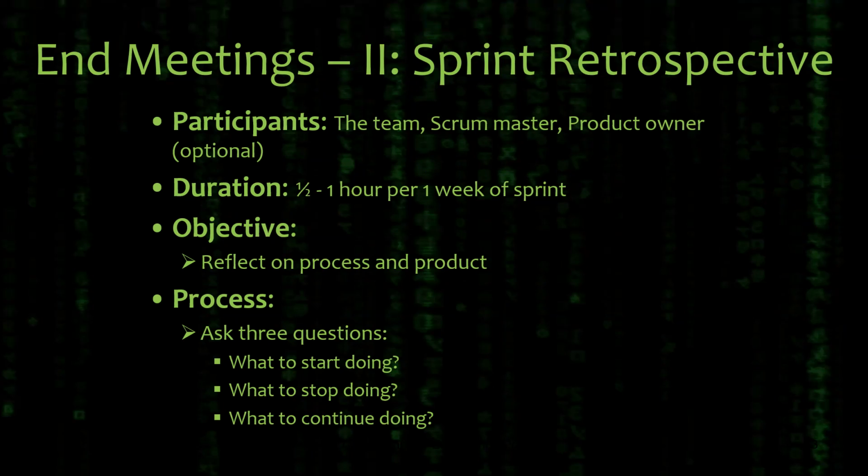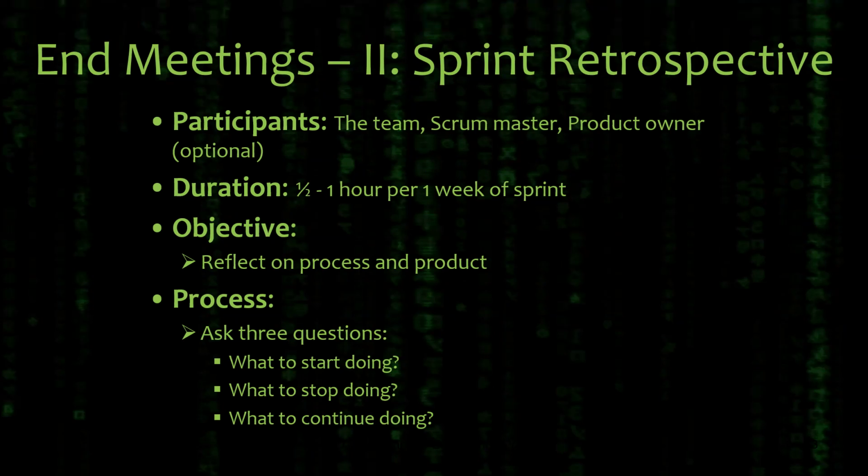What happened, what went right, what went wrong. So what should we start doing, what should we stop doing, right? And what should we continue doing, right? So you will have a retrospective, which will follow into the sprint plan.